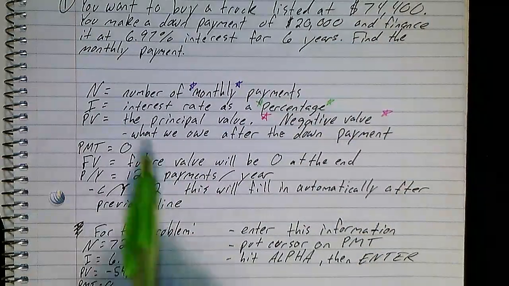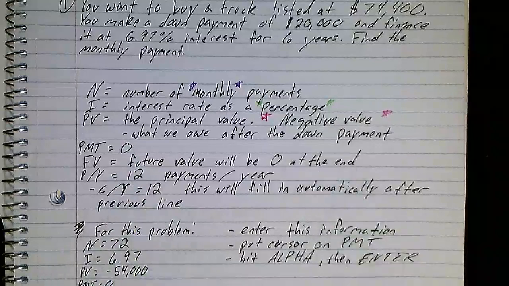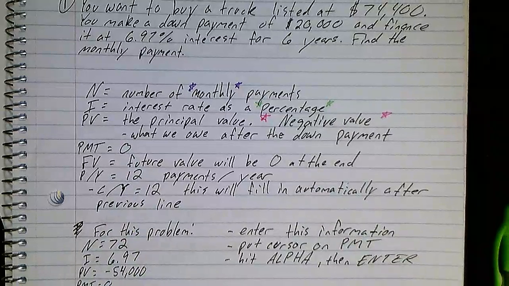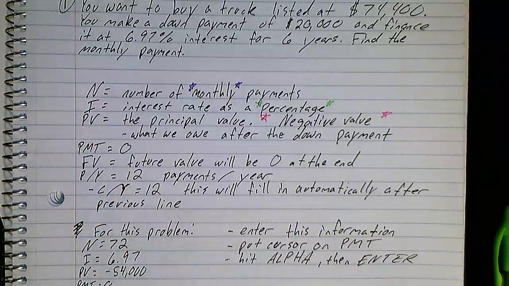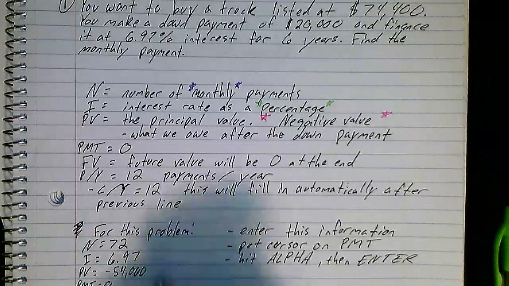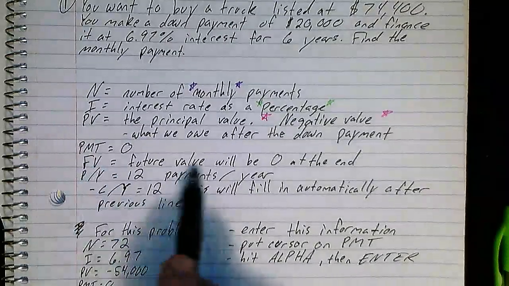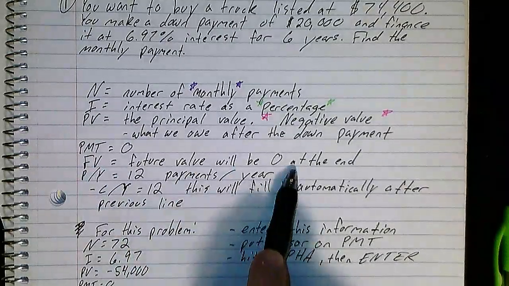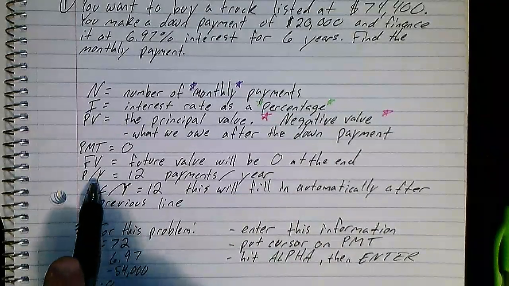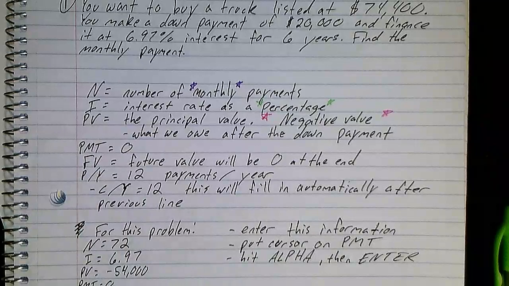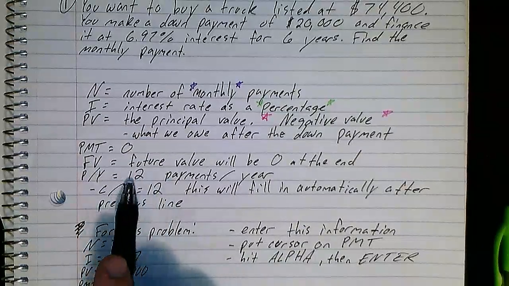And then this is the same every time. PMT, that's payment. We're trying to calculate the payment, so that should be 0. FV, the future value, will be 0 because we're paying down this loan. P/Y is payments per year, and that's going to be 12.